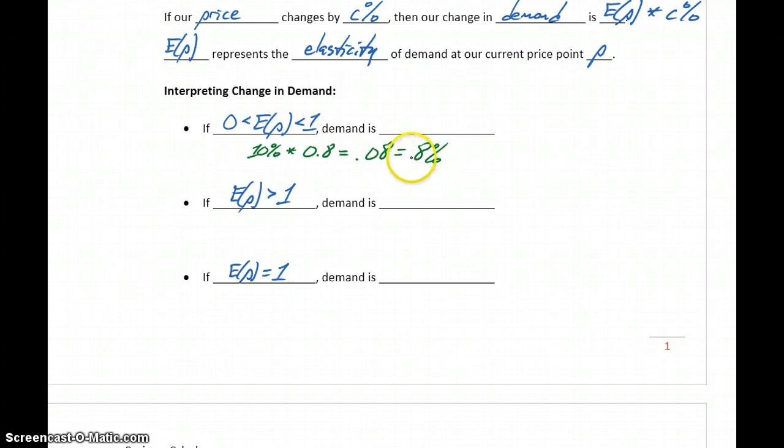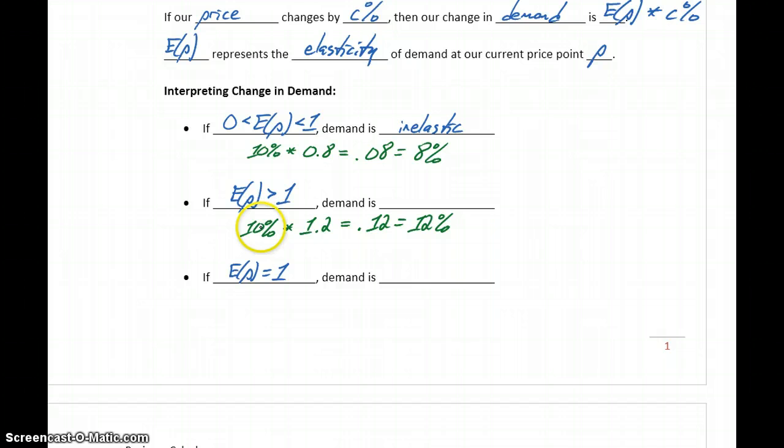So overall, that's good. We're selling fewer items, but we're selling overall for a higher price. So we refer to that as inelastic. So our change in price results in a smaller change in demand, which is a good thing. If we're looking at values where elasticity is greater than 1, then if we look at that same 10% change in price times, say, 1.2, any value larger than 1, then we get, as a result, 0.12 or 12%.